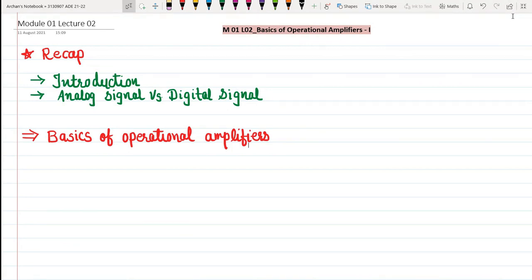Processing is very easy, though it is prone to noise or disturbances. So we have seen some advantages of analog electronics and some advantages of digital electronics.